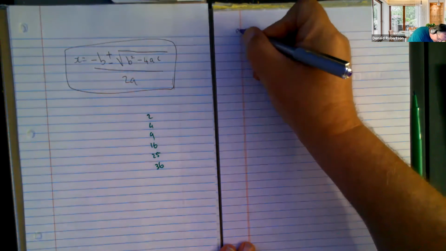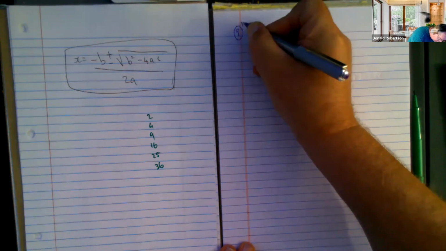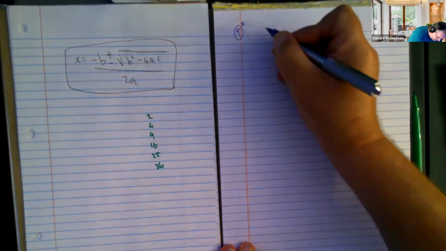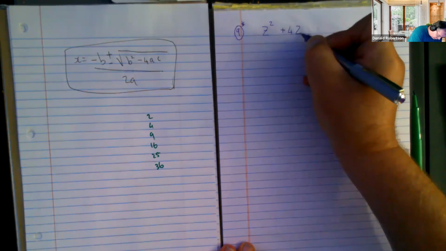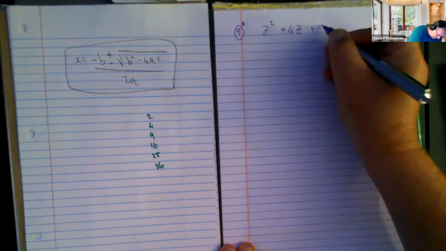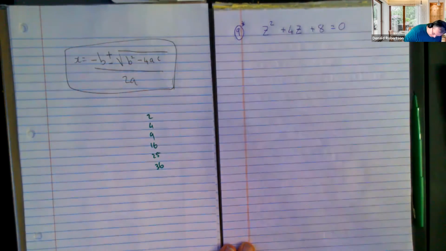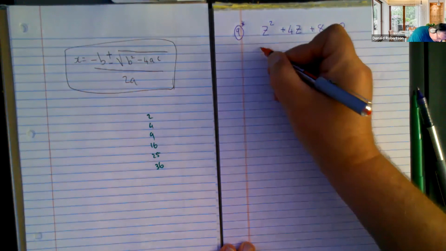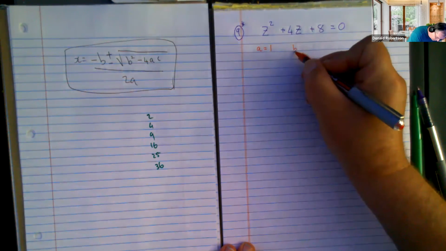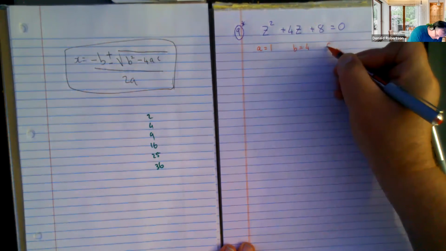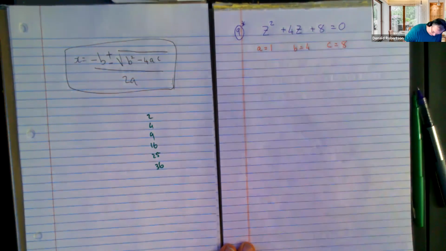Yep. So an example of that would be question 9. And it's going to be z squared plus 4z plus 8 equals 0. It's already in its standard form, so A is 1, B is 4, and C is 8.